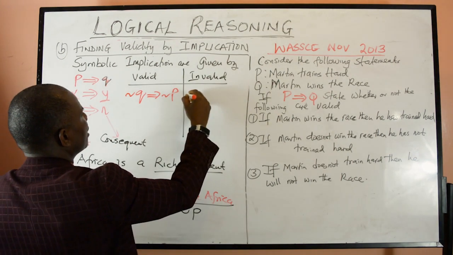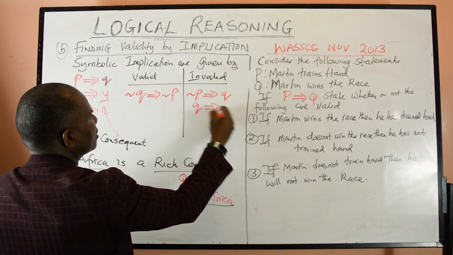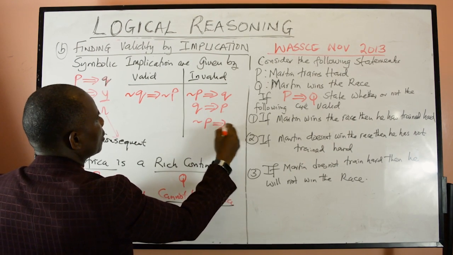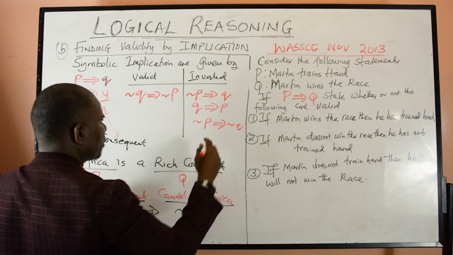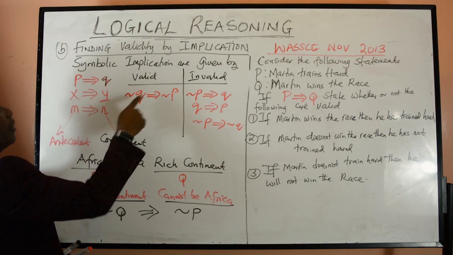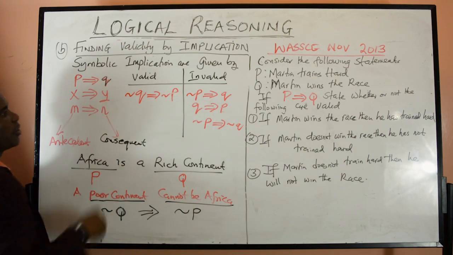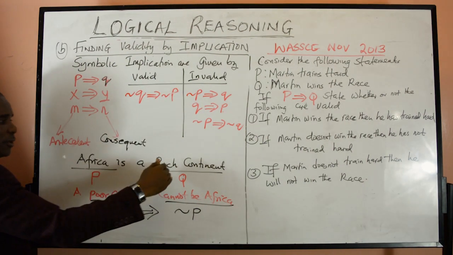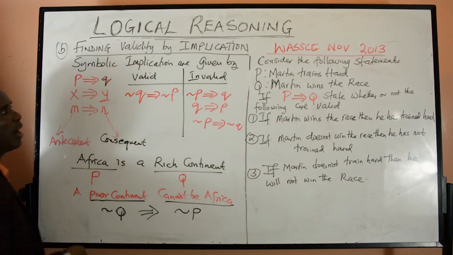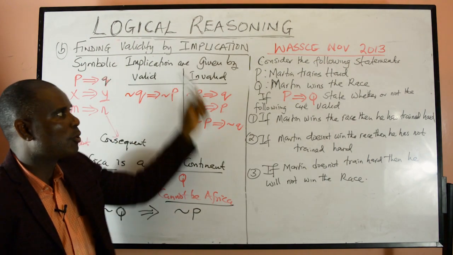So for instance, negate P implies Q is invalid, Q implies P is also invalid, negate P implies negate Q is also invalid. So we have all invalid statements. It's only valid when the negation of the consequence implies the negation of the antecedent. Any other statement that is not this renders the whole statement invalid.